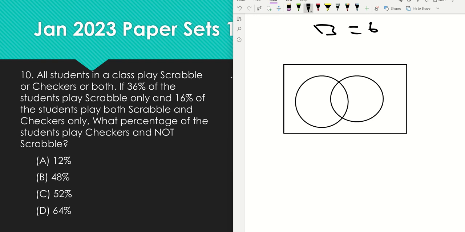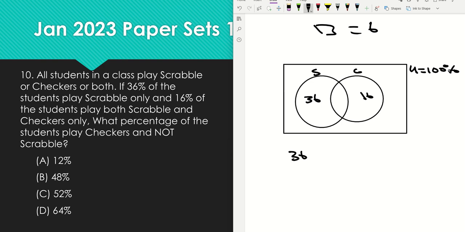We know their total in percentage is 100, so my universal set is 100%. They said all students in the class play either Scrabble or checkers, so there's nothing going to be outside here. So we have Scrabble and checkers. If 36 plays Scrabble only, so this is 36, checkers only is 16.